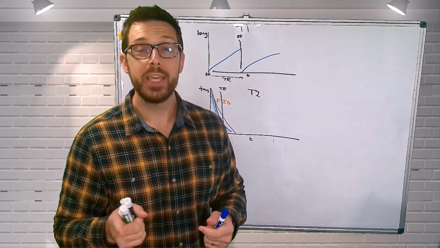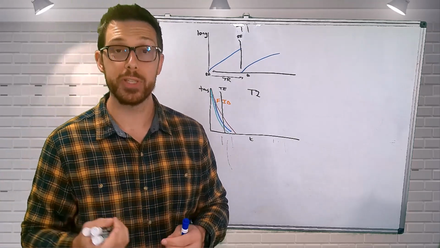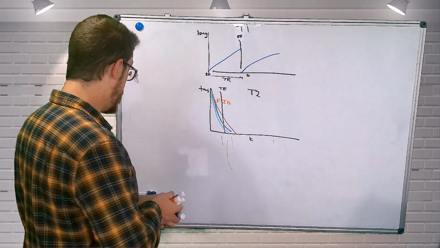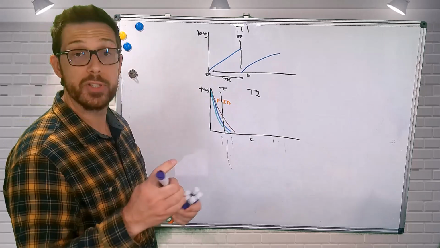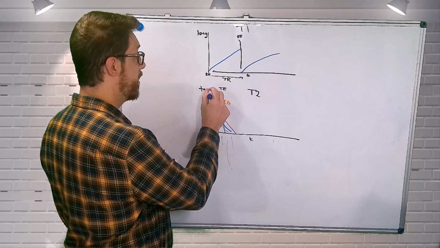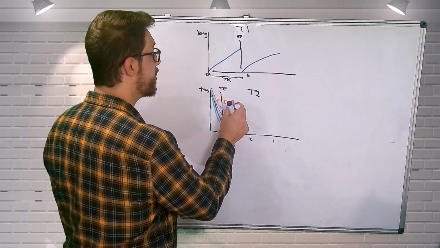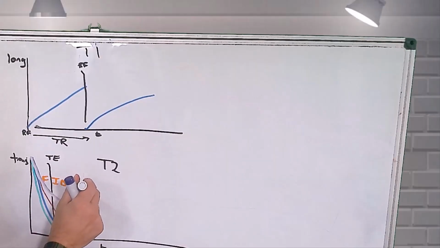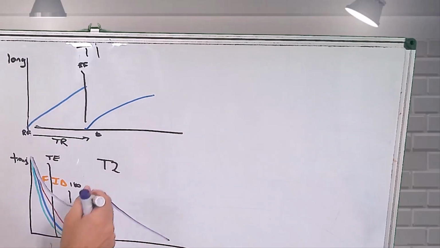But what we can do is implement something else, another RF pulse, a 180-degree refocusing pulse. What happens if we do that is that we get this transverse decay after excitation, and if we deliver a 180-degree RF pulse, we can regain that transverse magnetization again, and sample a TE at our peak signal.